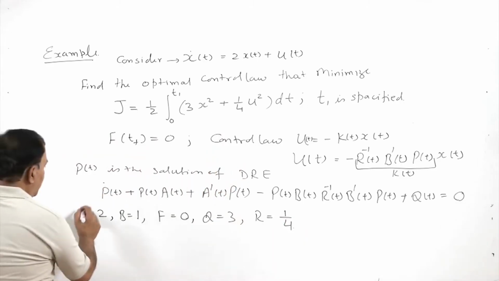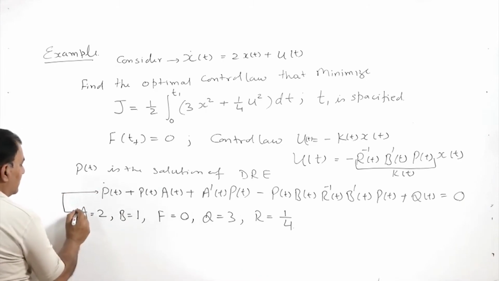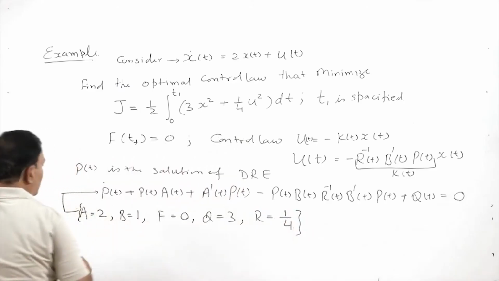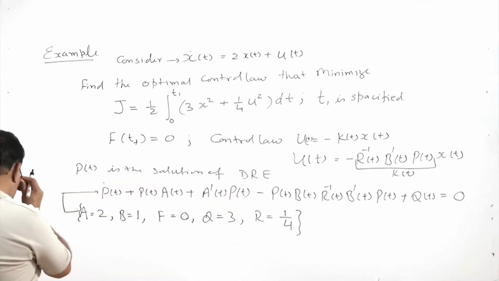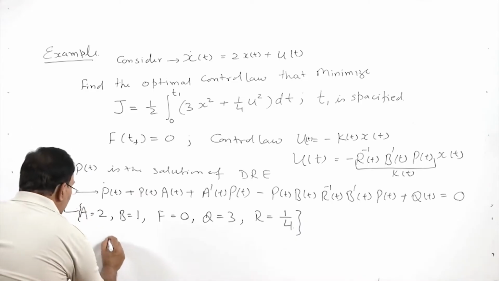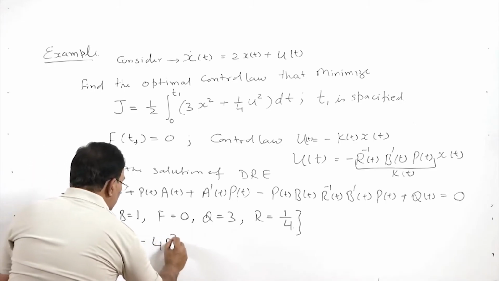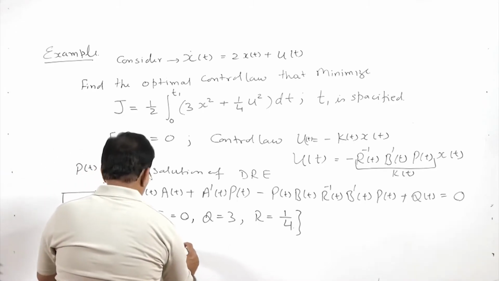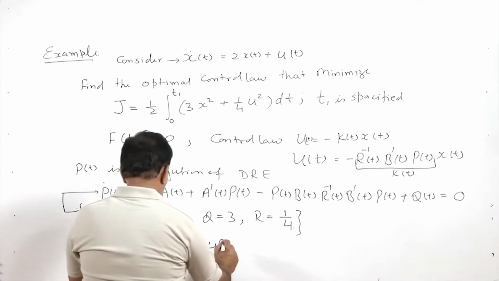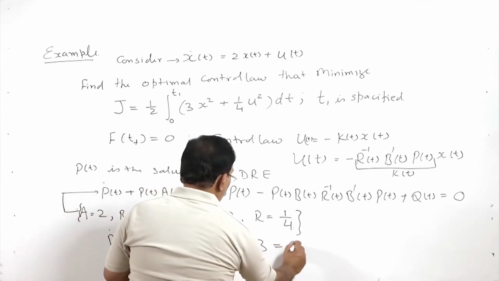So, if I substitute all these values in this equation, I will get a final equation, which I am writing here as P dot T minus 4 P square T plus 4 P of T plus 3 equal to 0.